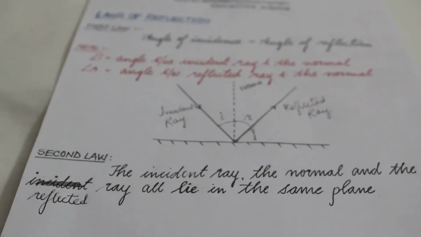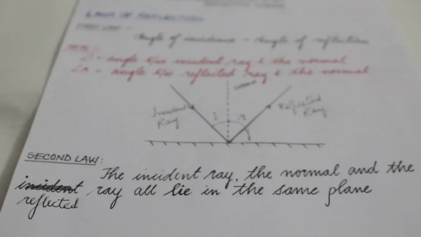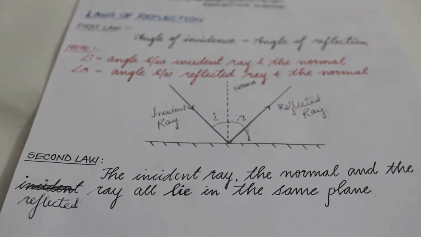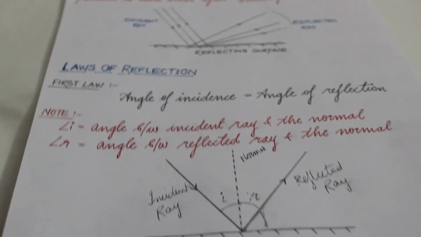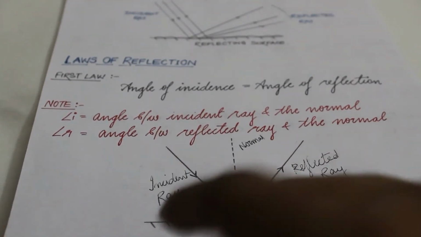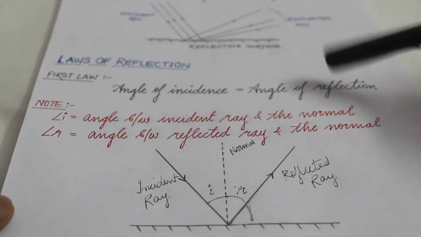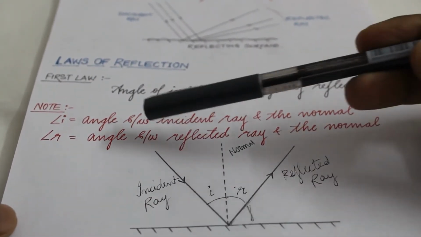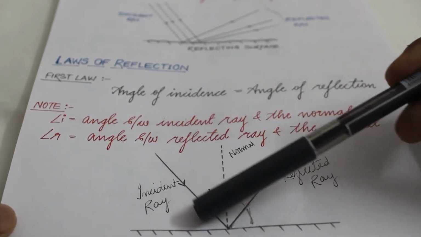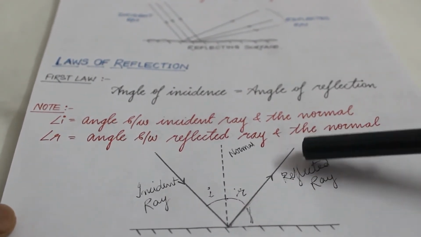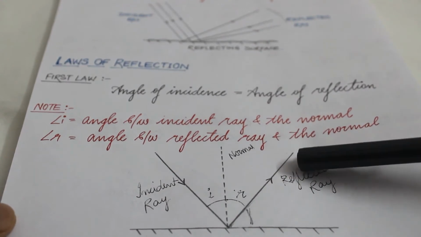Now, the second law says that the incident ray, the normal and the reflected ray all lie in the same plane. What do you mean by same plane? Let's take this example. This paper is a plane in which the incident ray is moving. As the incident ray is moving in this plane, the reflected ray must also be in the same plane.